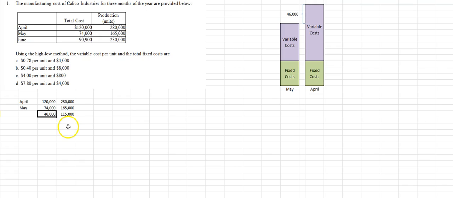So the extra 115,000 units produce $46,000 in extra cost. That means that the cost per unit is going to be, you simply take the $46,000, the dollars, and you're going to divide them by the additional units.